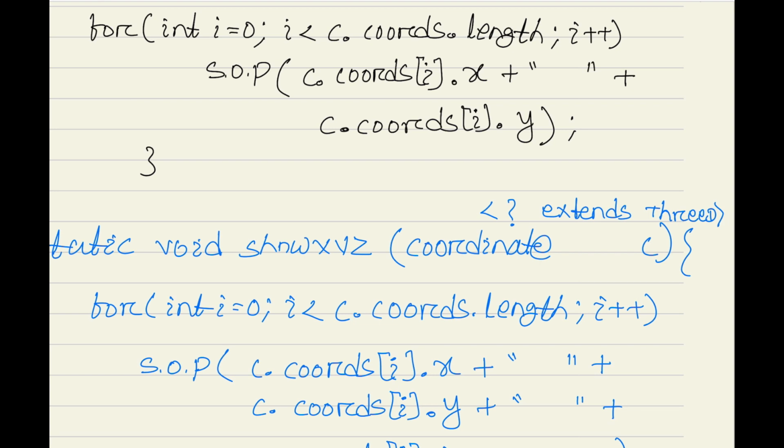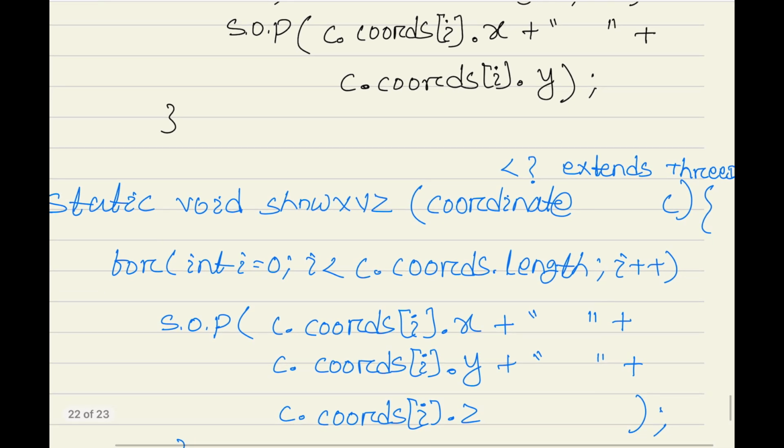So if we want to call showXYZ with a Coordinate2D reference, this results in a compile-time error and ensures type safety.